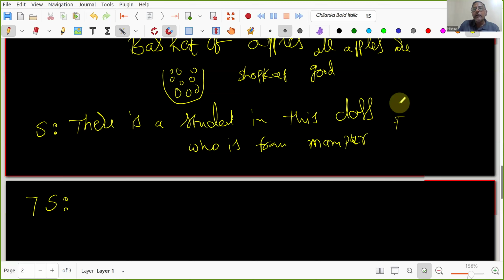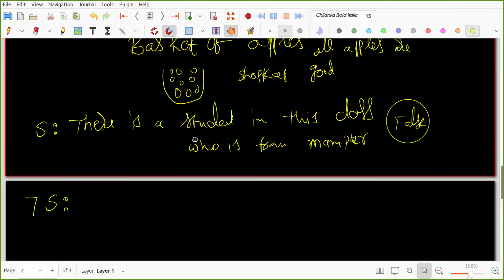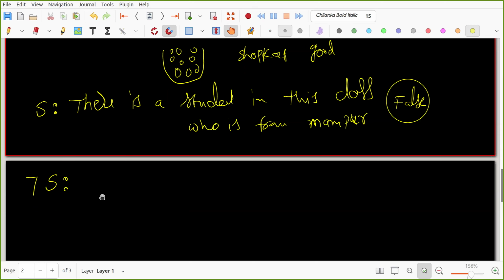How did I come to know? I asked everyone, and everyone is not from Manipur, right? Even if one student was from Manipur, then I'm done. But all of them are not from Manipur. Then what is the true statement? What is the negation of this statement? Room number 6, Payal, go ahead.